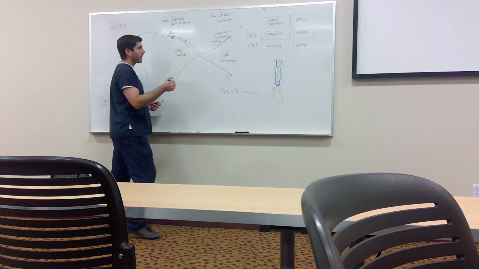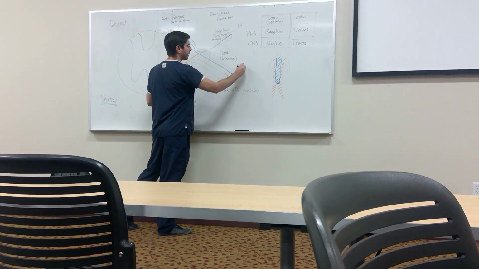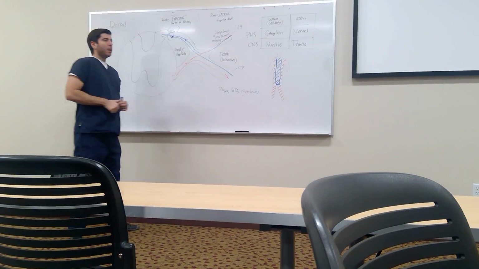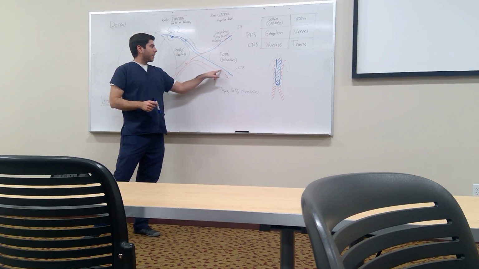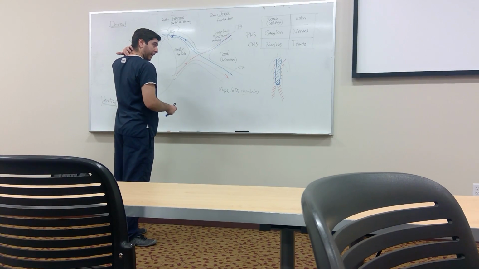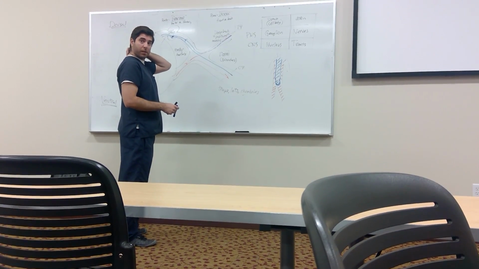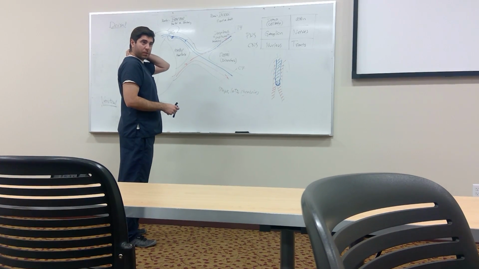Okay, let's say we cut the ventral ramus at C7. All right, sensory. Will the vertebral prominence area back here, will I be able to feel that? Yes, you would.